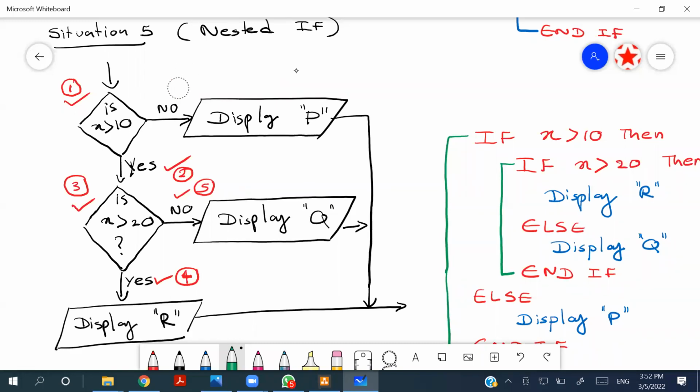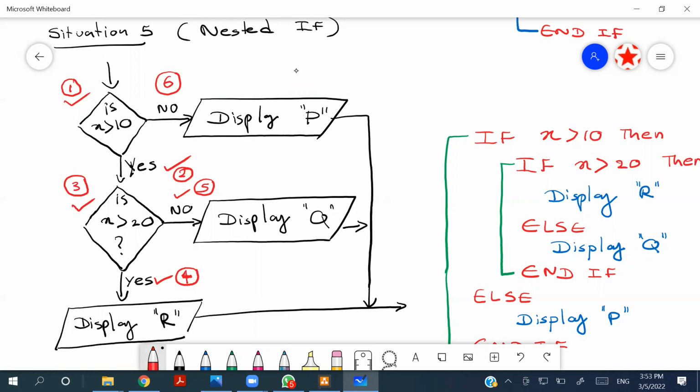I'll keep the numbers, but if you really want it, then only you write it. If you don't want it, just draw the flow chart segment. That's all, right?